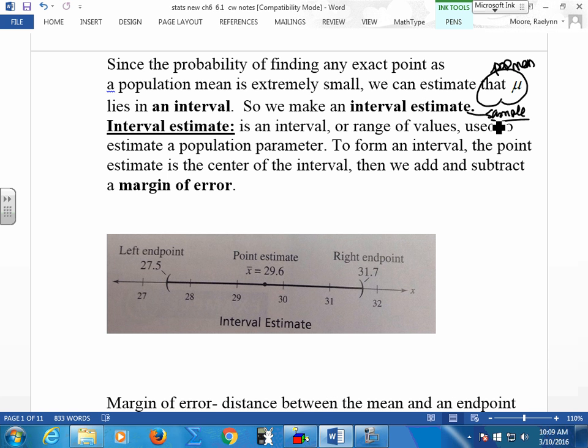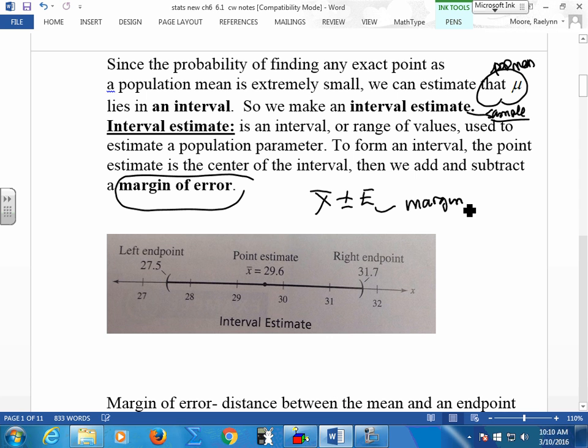So to find an interval, we deal with a margin of error. We take your mean, and we add or subtract some kind of number. We call this number the margin of error. Like usually in the polls, somebody will be ahead, say 41% of the votes, and they'll always say a plus or minus 3% margin of error.